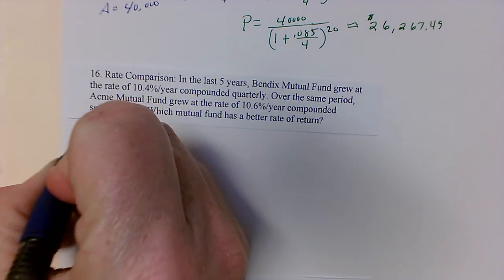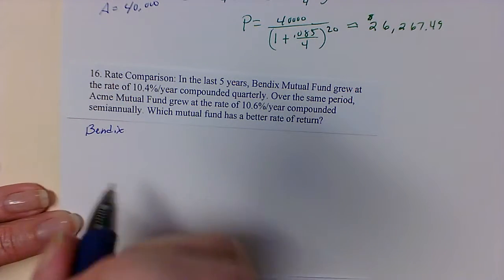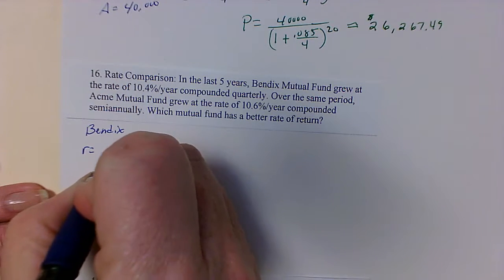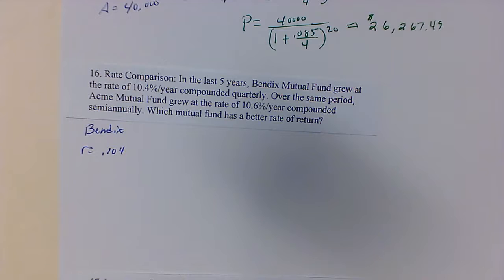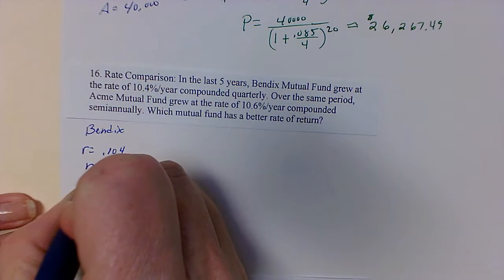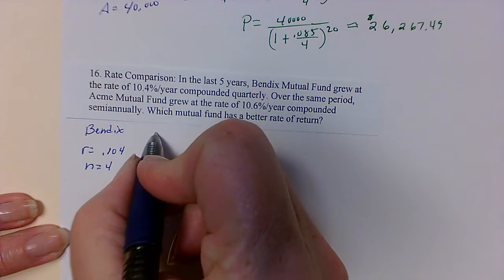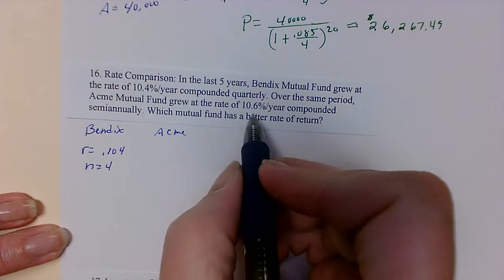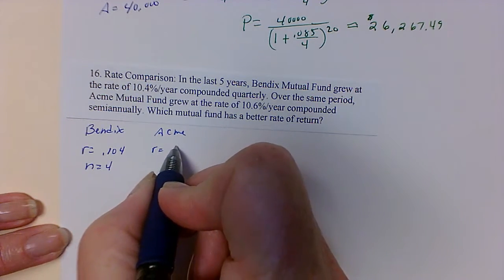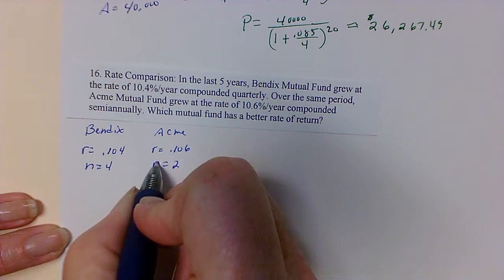So when I'm looking at Bendix, it grew at the rate, so my rate is equal to 0.104, compounded quarterly, so N will equal 4. At Acme, I have the rate grew at 0.106, compounded semi-annually, so N will equal 2.